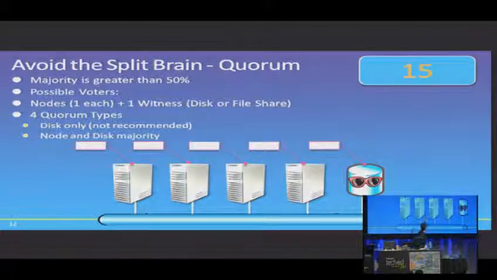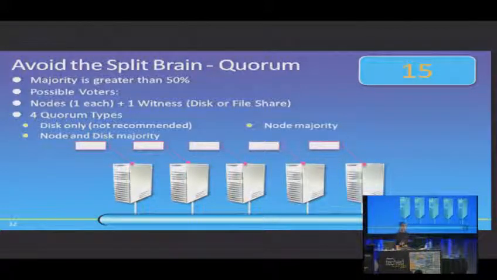So now if it's split brain, and it gets split right here, and these two can see the disk, but these two can't, then this is going to have the majority. The two servers and the disk is 3 over 5, so it has the majority. These two are going to say, hey, we're not the majority, and they're going to shut down, drop out of the cluster. Those 3 are going to take over the clustered environment.